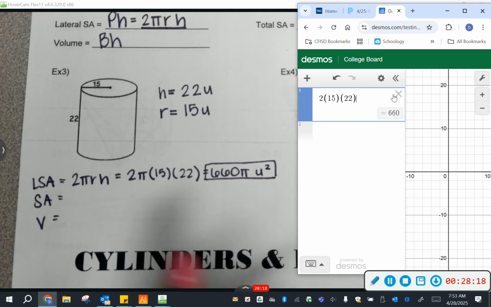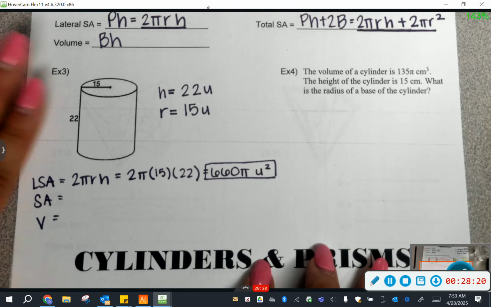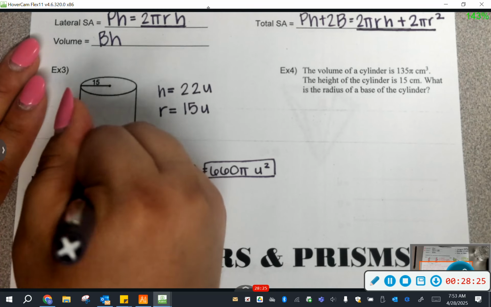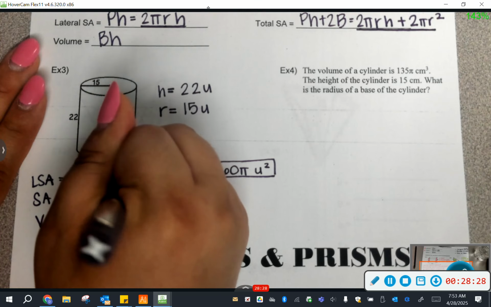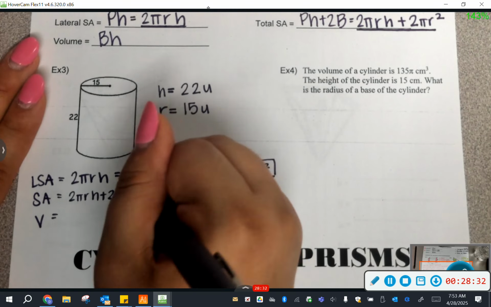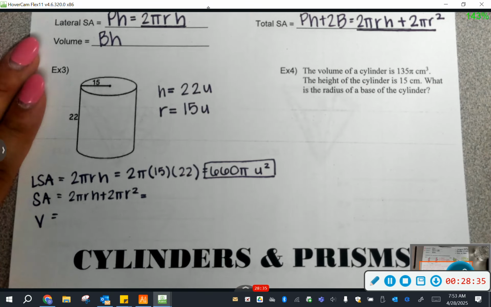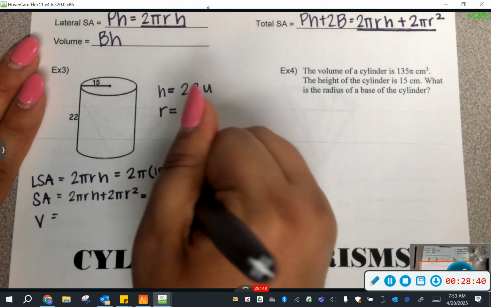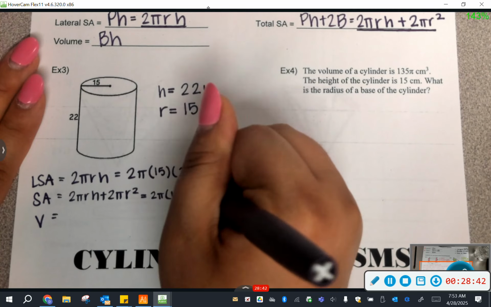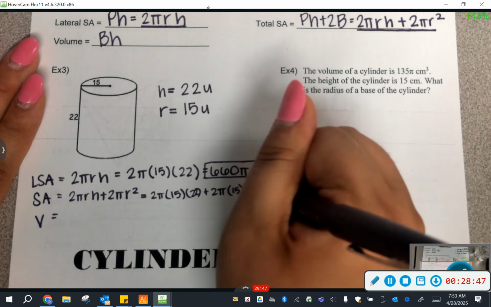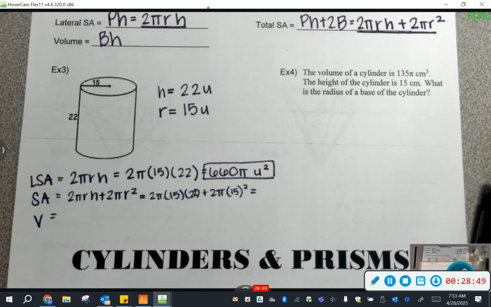How do I find total surface area? I'm going to redo that one. And you are right. You could just do 660 plus whatever comes up. And put that in the calculator.